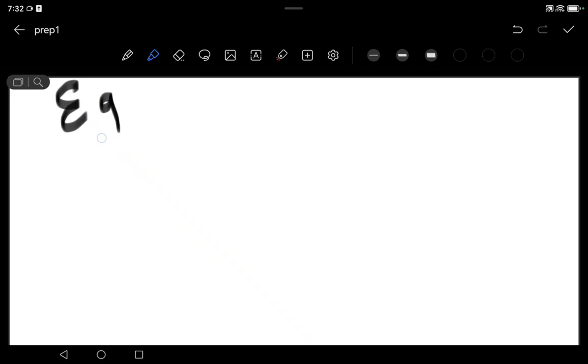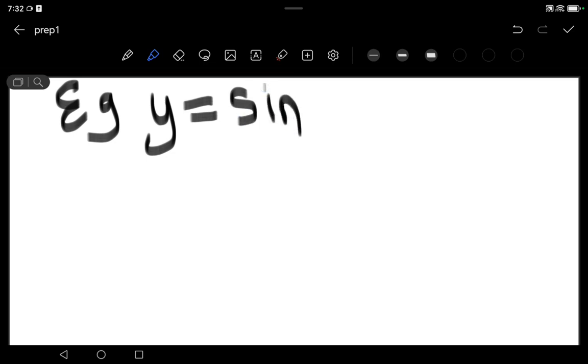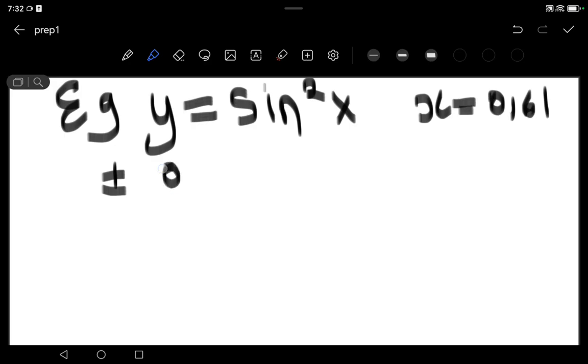For example, we're going to use example 1.3 from the textbook. Here they say estimate the maximum error in y, given y equals sine squared x, for x equals 0.61 plus or minus 0.005.